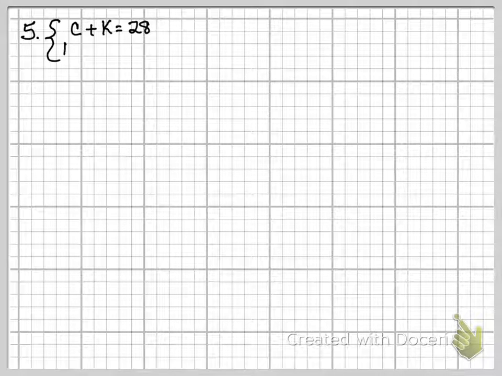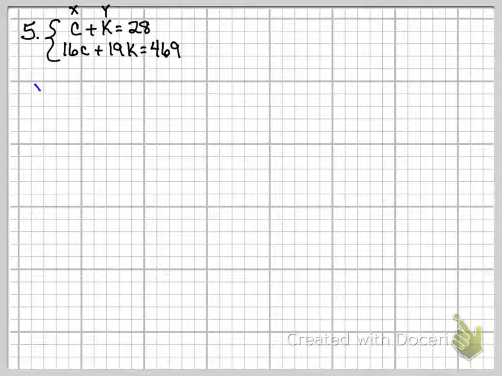How many people rented canoes and how many rented kayaks? Well, we know that we have kayaks and canoes. So canoes plus kayaks is 28 because there were only 28 people that went. We have $16 times canoes and 19 times kayaks is $469. We're going to do just like we did a while ago, X and Y's for our C and K.